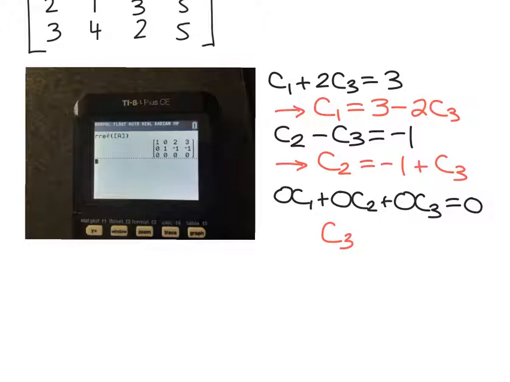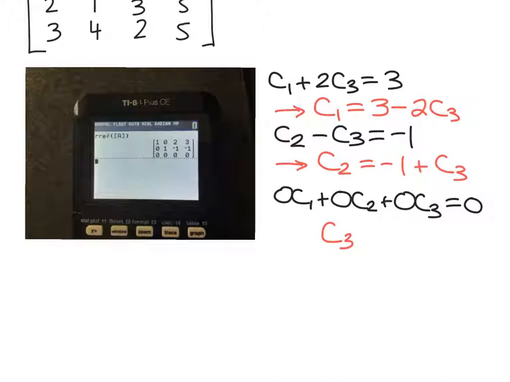Because this tells me that for this one equation, any of the scalar multiples could be anything. So pick a number and it's going to work for this equation, but it's not true for the other equations. C1 and C2 are strictly dependent on whatever C3 is.